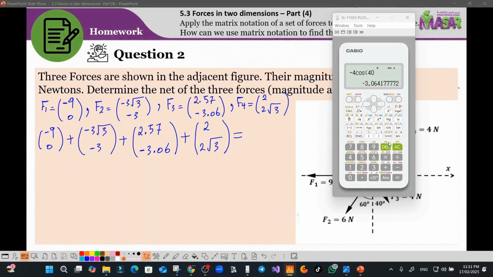So let's start with the first row. We have minus 9 plus minus 3 radical 3 plus 2.57 plus 2. Double check. Everything is correct. So let me press equal now. Minus 9.62.